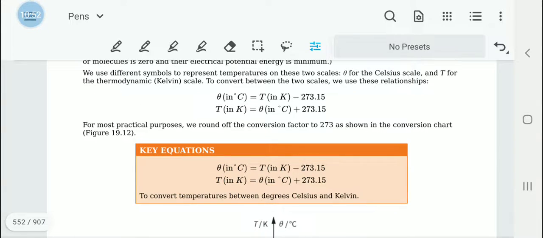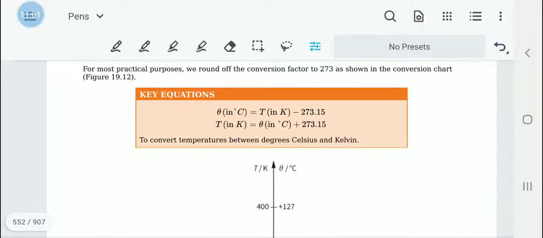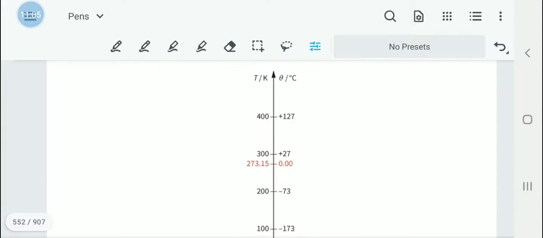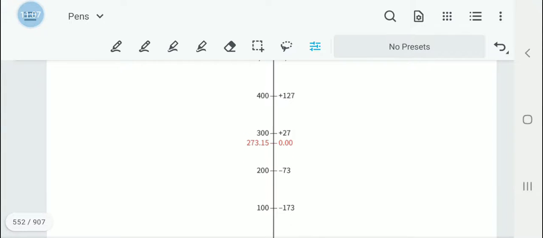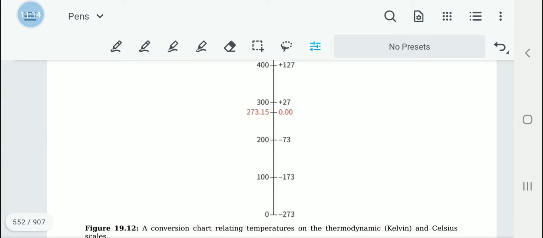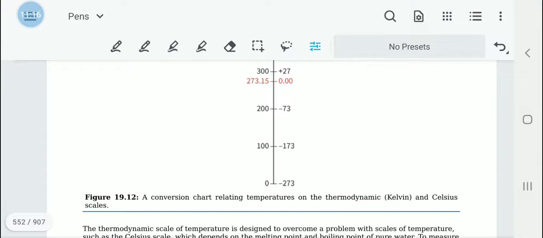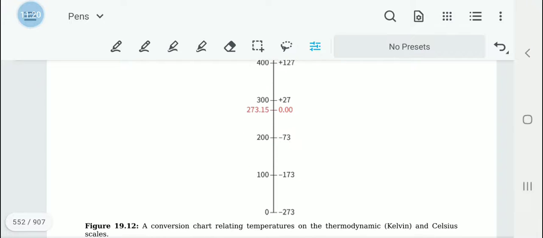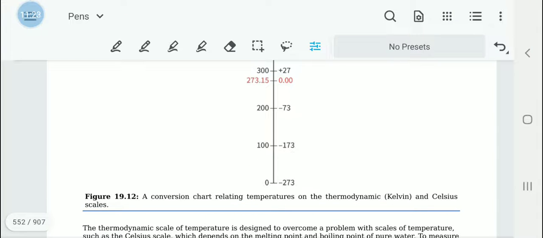So in practice, what we do is we usually take it to be 273 because it is easier, obviously. Right. So then on the left hand side you have T in Kelvin, on the right hand side you have theta in Celsius, right? So 0 Kelvin means negative 273 degrees Celsius.